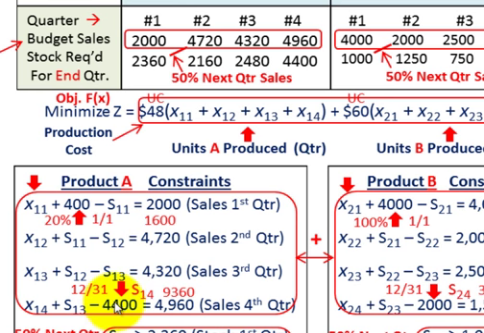That was a given number we have on hand. So you're going to subtract that from the quantity you're producing plus the stock that you had at the end of the third quarter. Subtract that, and that's going to give you your 4,960. That's the sales that we require for the fourth quarter. So we can go up and look at that again. There's your budgeted sales for the fourth quarter, 4,960.